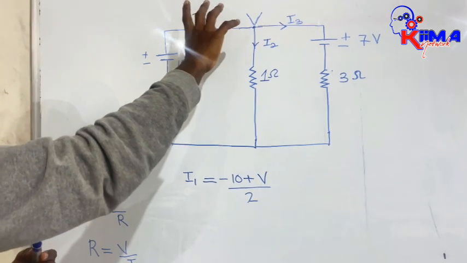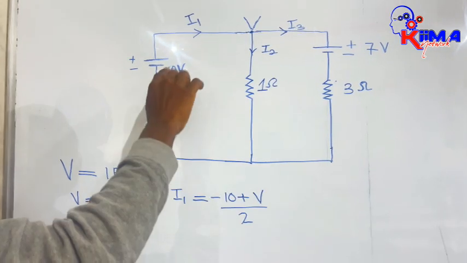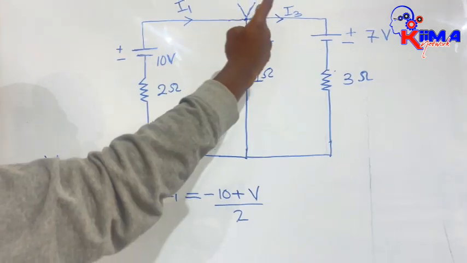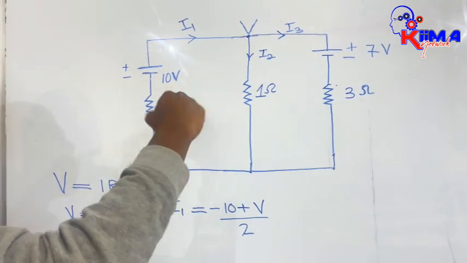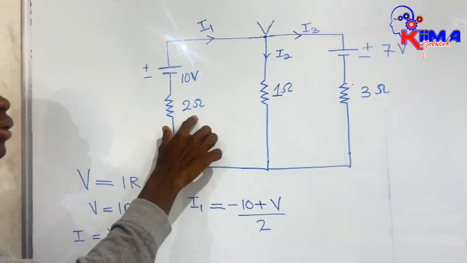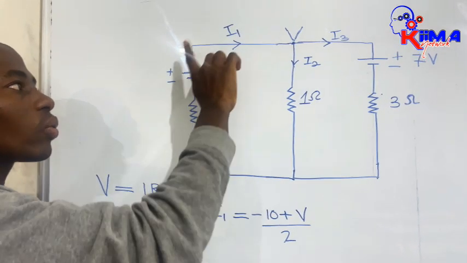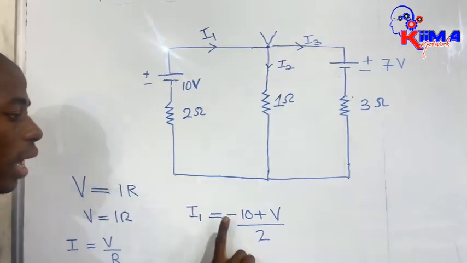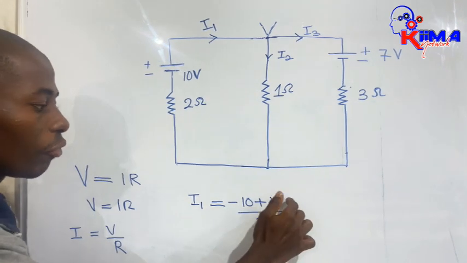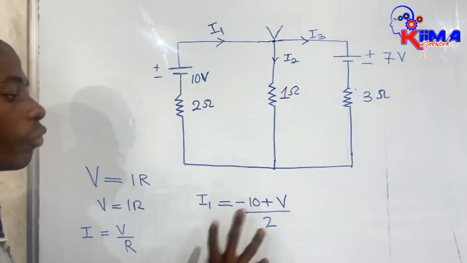For I1, we take the difference between the two voltages with respect to the resistor here: minus 10 plus V, all divided by 2.